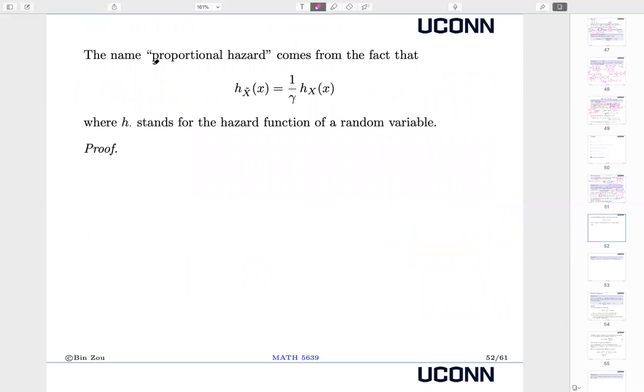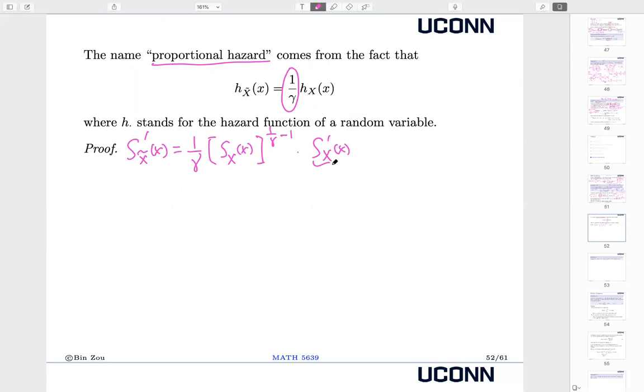The reason why we call it the pH transform is because of this result: the hazard function of the new random variable is proportional to the old one. To prove it is actually very easy, because we just need to differentiate the new survival function. It's a power form, so the power comes out, the original power is reduced by 1, and then by the chain rule, I need to differentiate the inside function.